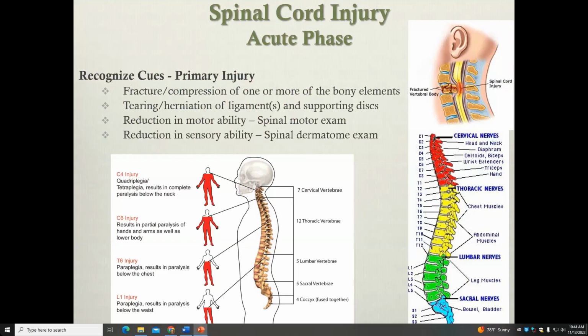So everything up until the break, and then everything under the break is going to be dysfunctional. Okay, so if you have a C4 injury, you're going to have problems with all of your upper extremities and everything below. If you have a T6 injury, you're going to have a problem with your abdominal muscles and everything below it.